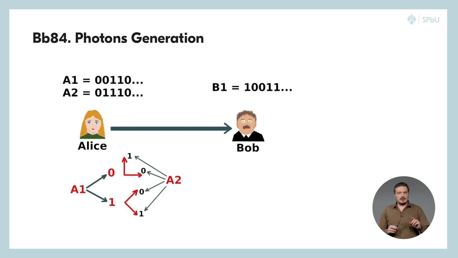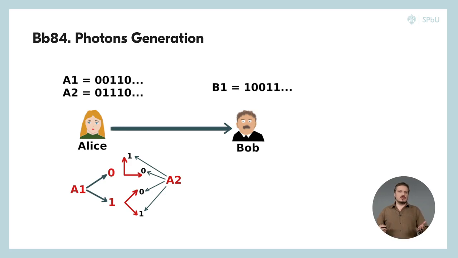On the next step, Alice and Bob begin interaction. They choose a channel through which Alice can send photons to Bob. It is important that this channel does not alter the photon polarization. So Alice takes a bit from her random sequence A1, generated on step 1.